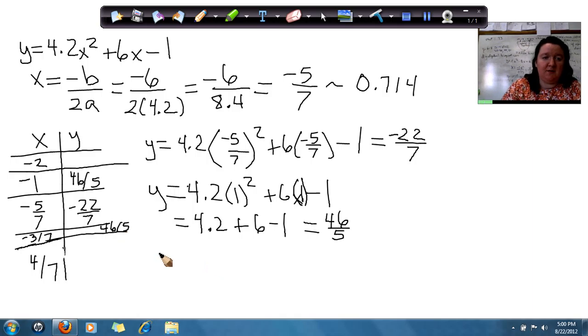Let's look at what our next number is. If I was plugging in a negative 2 into my function, well, that was a negative 1, wasn't it? Let's change that to negative. That's actually a minus 6, which will give us a new number entirely, because we'd have 4.2 minus 6 minus 1, which gives us a negative 14 over 5.